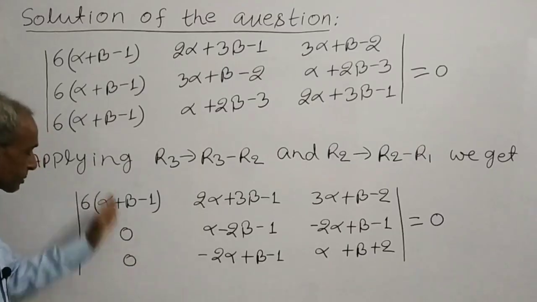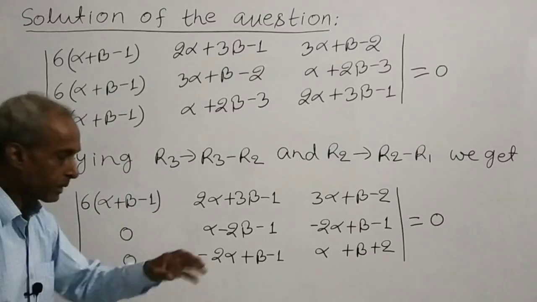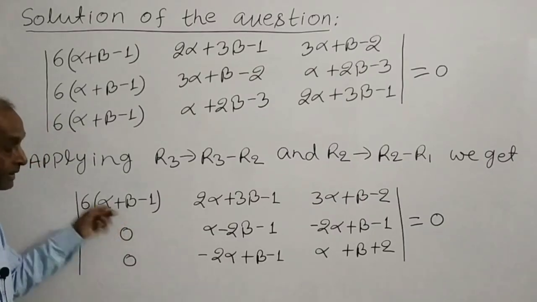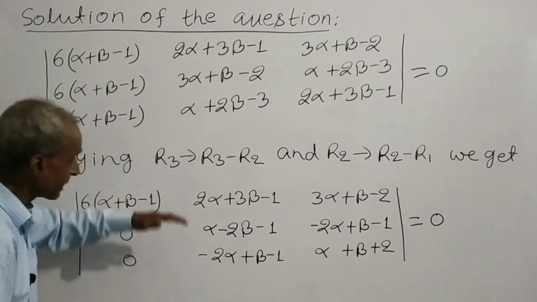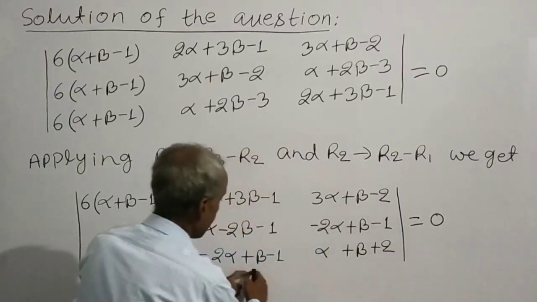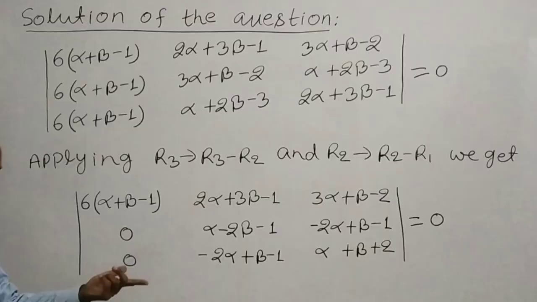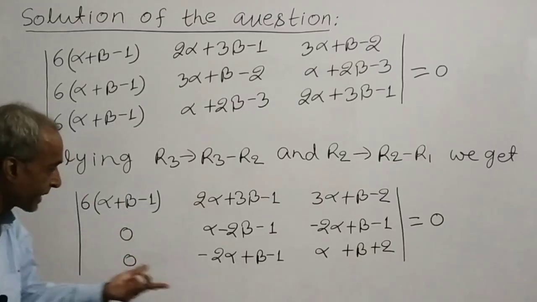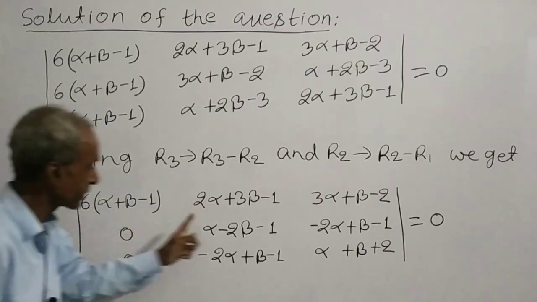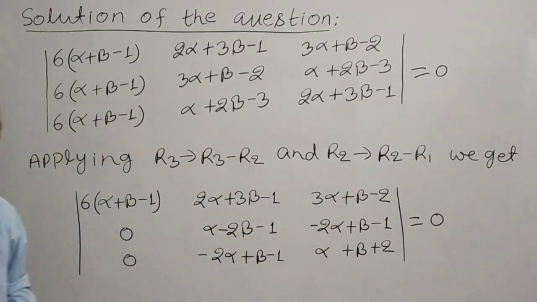Now if we expand this determinant along the first column, then we will write this element times a determinant obtained by these four elements, and this will be equal to 0. Therefore, in the next step we will write directly this times this 2-order determinant is equal to 0.